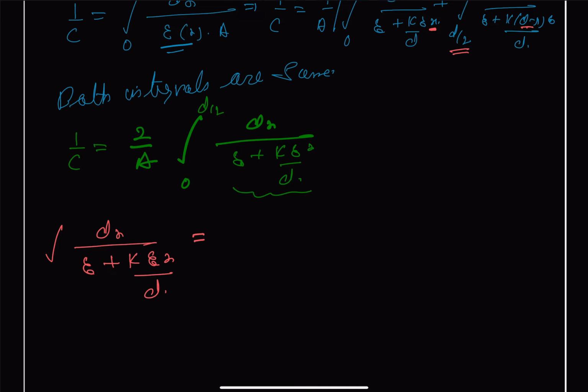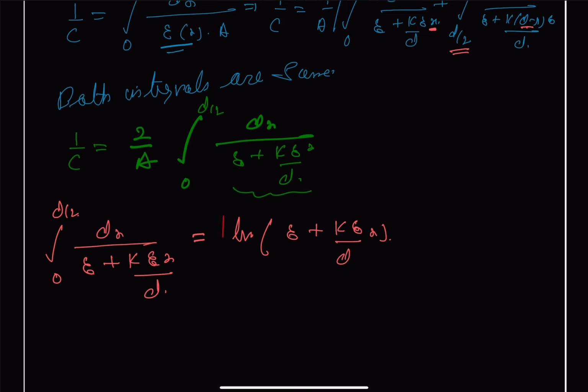The integral of 1 upon a plus bx is the natural log of a plus bx. So we get the natural log of epsilon naught plus k epsilon naught upon d times x, and the limits are from 0 to d by 2.